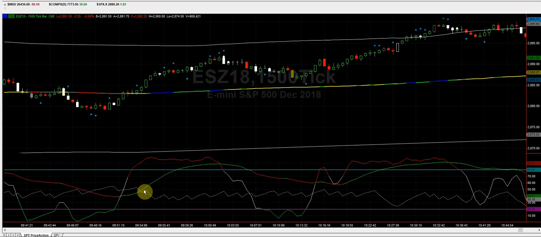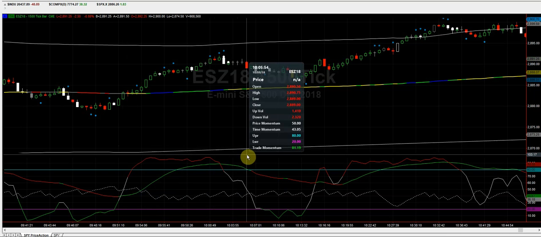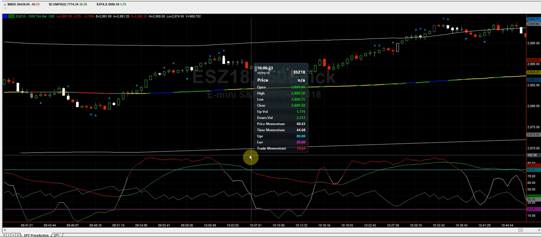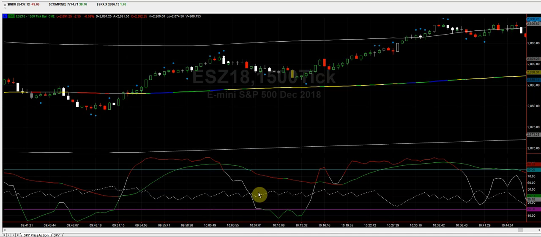So here we have the price momentum above the time momentum from this point here over to this point here. And we see price going up. Now we have the price momentum below the time momentum, and that should indicate that price is tending to decline.